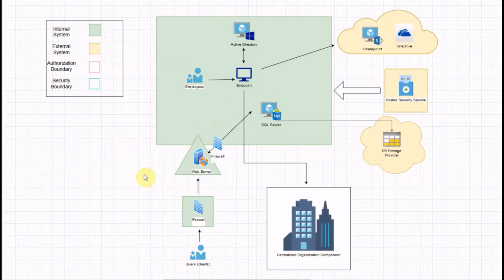Maybe there's no federal entities involved at all. It's all part of the same organization. But this centralized organization component is a moderate risk security categorization, whereas this specific application or component is high risk, maybe because of the information that our employees are working with, or the information that it processes. Maybe it's very important to our organization.